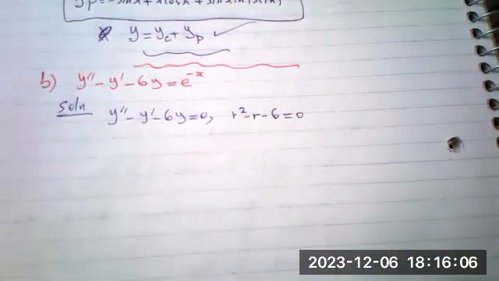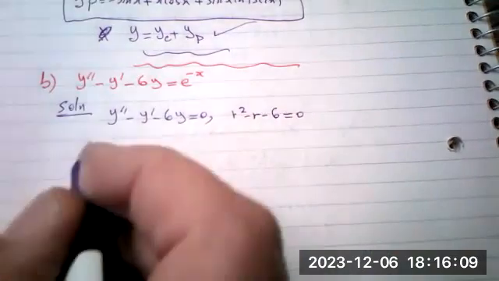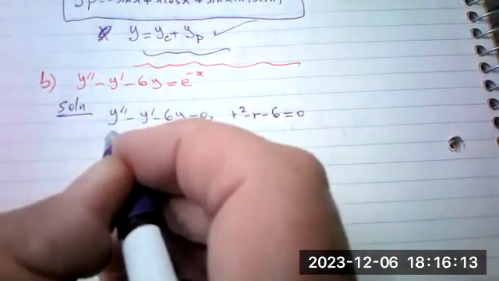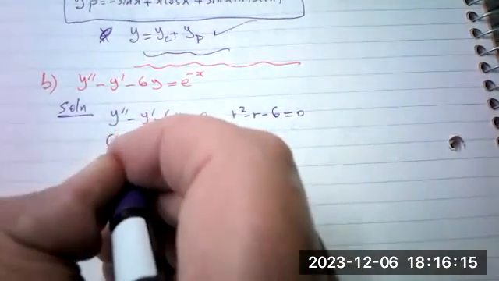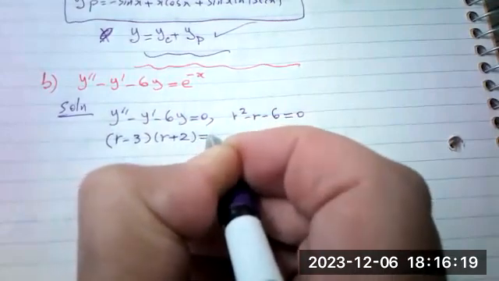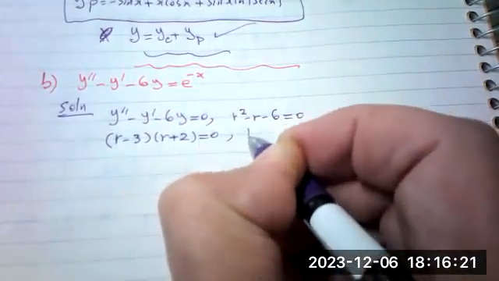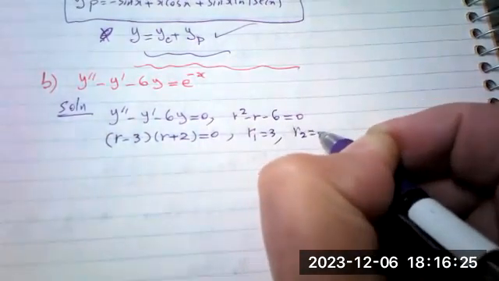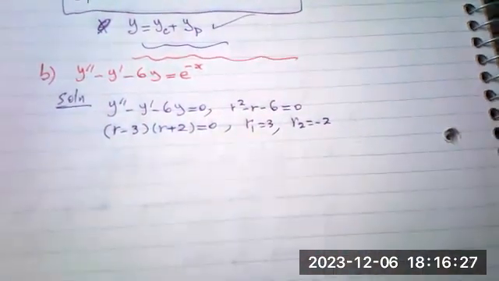Factor it. What are the numbers to factor? Negative 3 and positive 2. Good. So we have two solutions, r1 equal to 3 and r2 equal to negative 2.